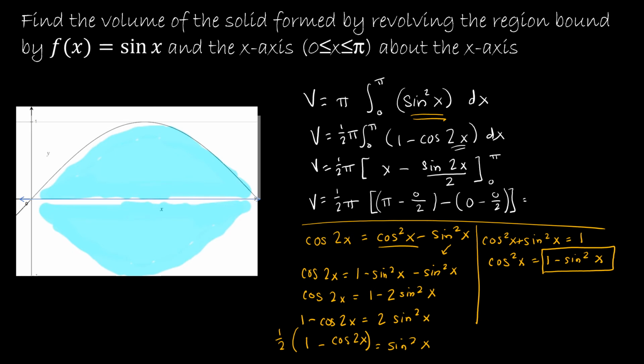That gives me 1/2 pi. Reducing what's inside, I have pi minus 0 minus 0 minus 0. And then, of course, that's going to give me my solution. 1/2 times pi of 4.9348, or of course, pi squared over 2 would be my exact solution.